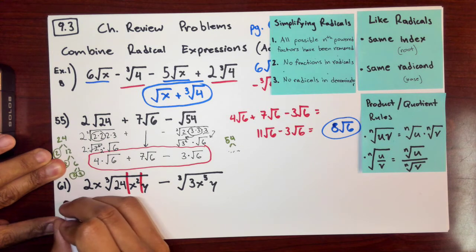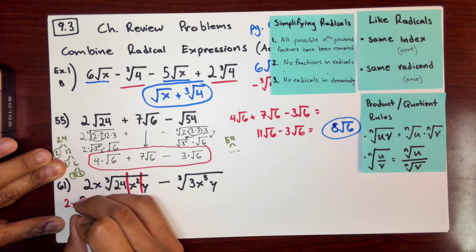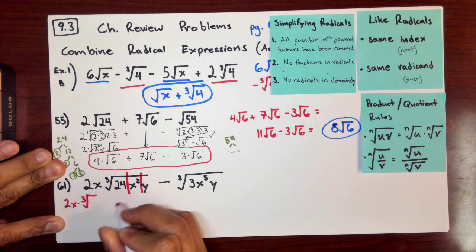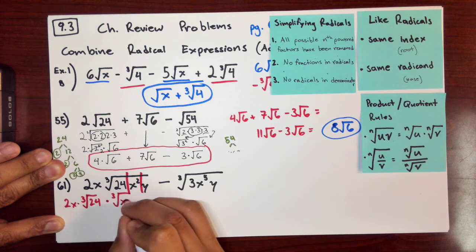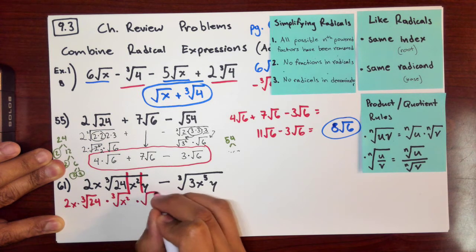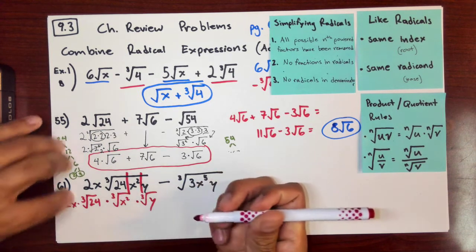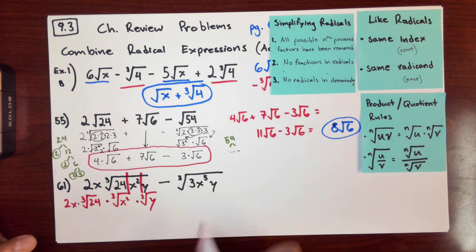So here, we're going to just rewrite this 2x, and then we have times the cube root of 24 times the cube root, don't forget that, cube root of x squared, times the cube root of y. And then we'll worry about this one later on, but let's focus on this first one here.